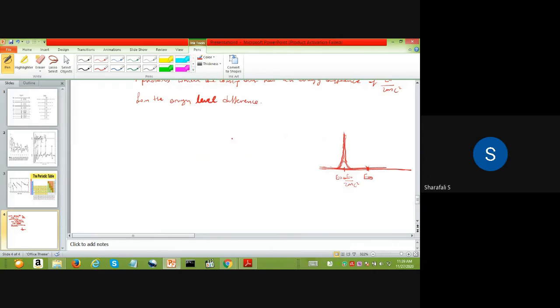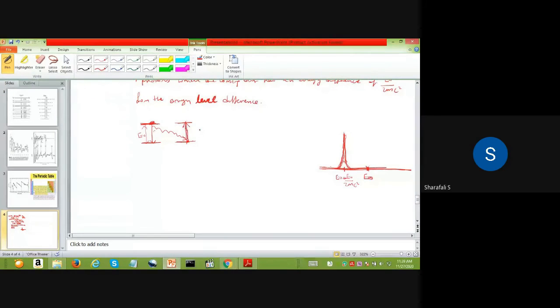Now if you consider another case, the gamma radiation comes out after this nucleus goes from the excited state to the ground state with this much of energy difference, which is E0. If you have another nearby nucleus, when this gamma radiation comes out, it can excite another nucleus from the ground state to the excited state.